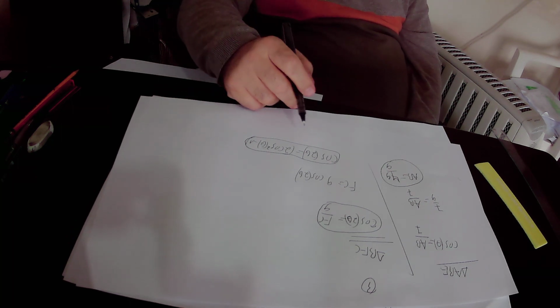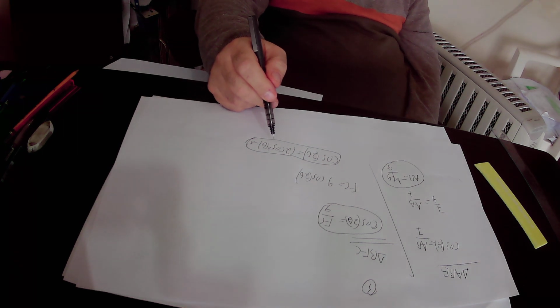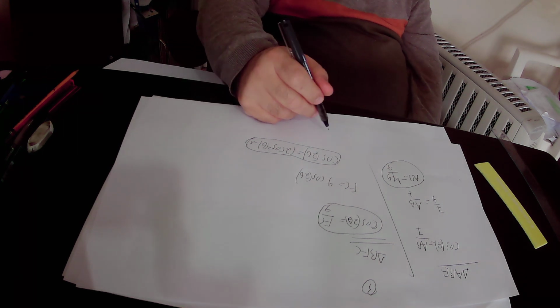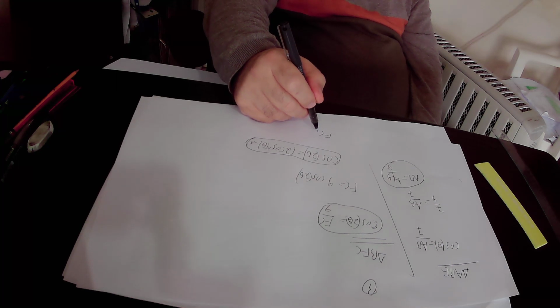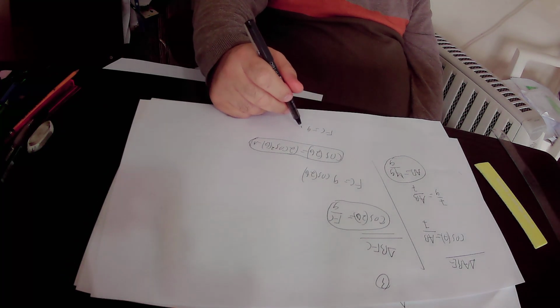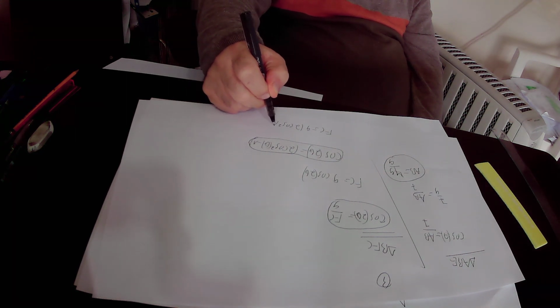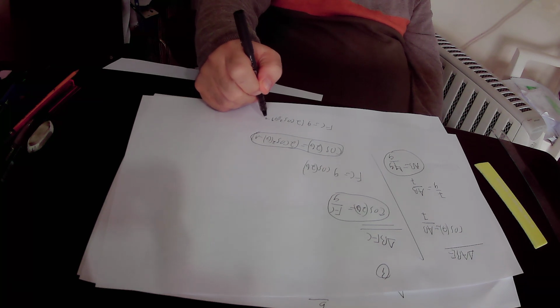So we can substitute cosine 2 theta by 2 cosine square theta minus 1, and we get that FC equals 9 times 2 cosine square theta minus 1.